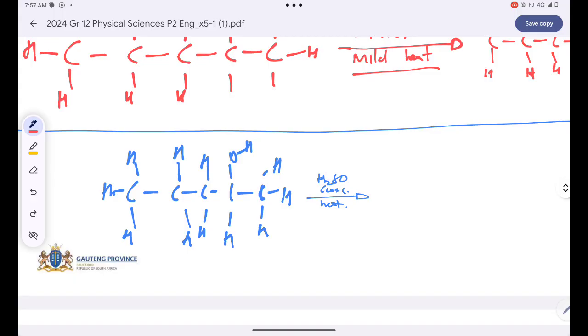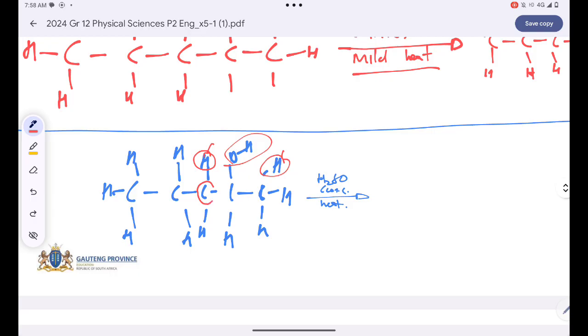It simply says I must eliminate the hydrogen from the carbon with the least number of hydrogen atoms. So since I'm supposed to eliminate, I must take the hydrogen either from this carbon or that carbon to form a major product. But I can only take the hydrogen from the carbon that has the least number of hydrogen atoms.